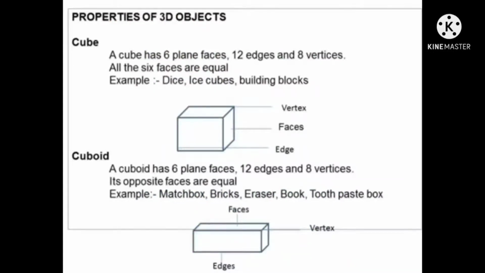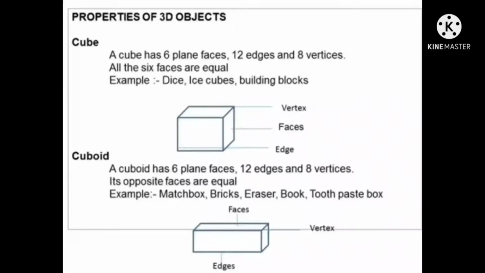Here again, cube. A cube has 6 plane faces, 6 square faces. So count the squares: 1, 2, 3, 4, 5 and 6. The vertex is nothing but the corner, so we have 8 corners. Hereafter we say only vertices.